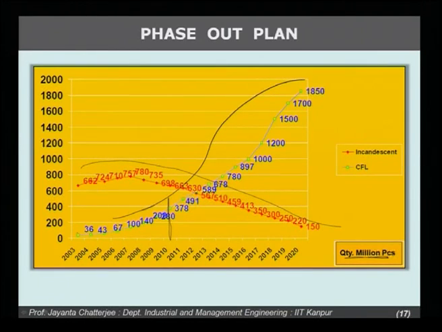This is the expected trajectory: 36 to 43 to 67 to 100 to 140 to 200.